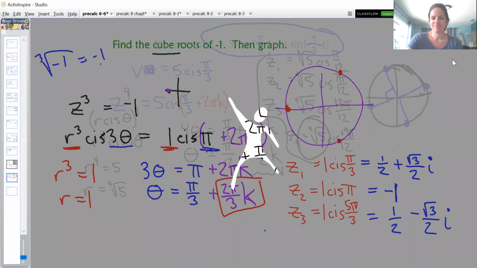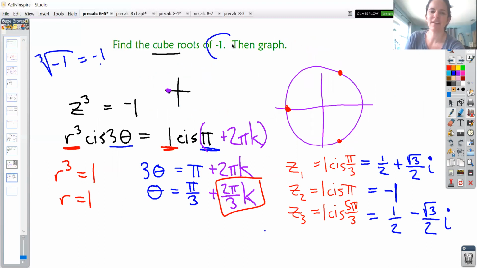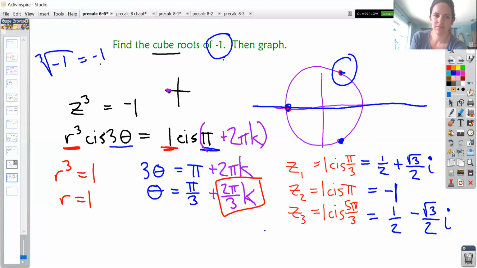But if we are finding roots of a real number, you'll notice that the roots themselves, when graphed, will not only have rotational symmetry, but they will also have x-axis symmetry, which means that every complex root of a real number comes with its complex conjugate. You may want to write that down. I'm not going to, but you may want to write that down. Every complex root of a real number comes with its complex conjugate.